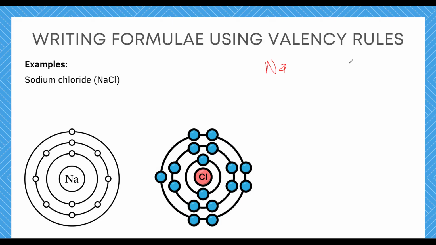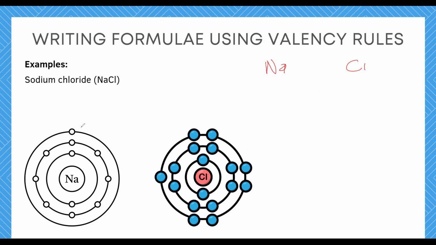And then the other one is what? Chlorine. Not chloride, chlorine. That's the name of the element. What's the symbol for chlorine? Cl. Next thing to do is to write the valency of the two of them.